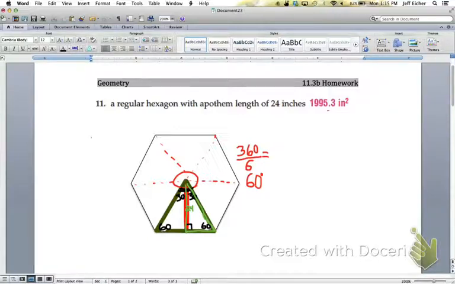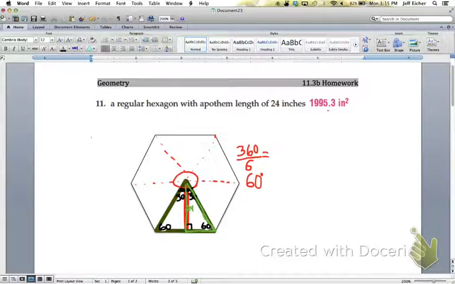If you don't remember the relationship of the 30, 60, 90 triangle, what you could do is say sine of 60 degrees equals 24 over the hypotenuse. We don't really want to know the length of the radius. We want to know the length of the side. So instead of using sine, I should have used tangent.